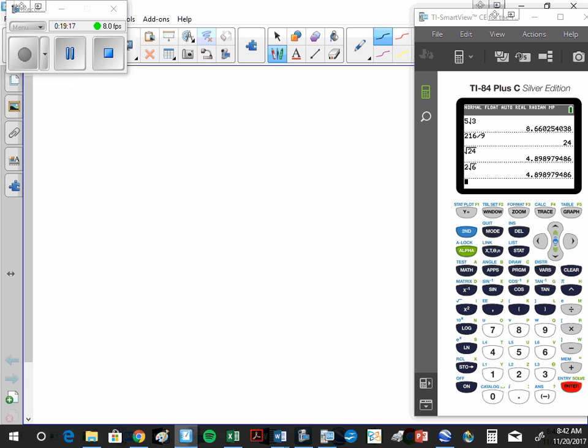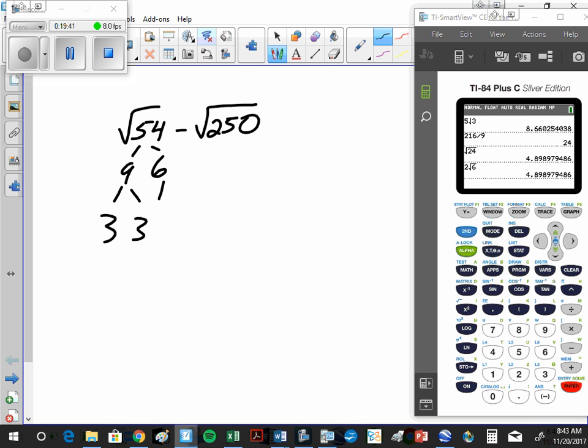So we better do one that's going to be right. I'll do this one the right way. So the cubed root of 54 minus the cubed root of 250. I think I did this one right. We'll see. 9 and 6, 3 and 3. Oh no, I want cubed root. 3 and 2. 50 and 5. 5 and 10. 2 and 5.